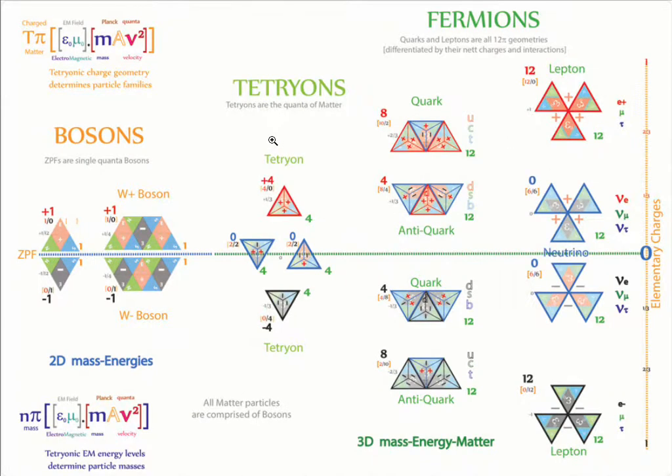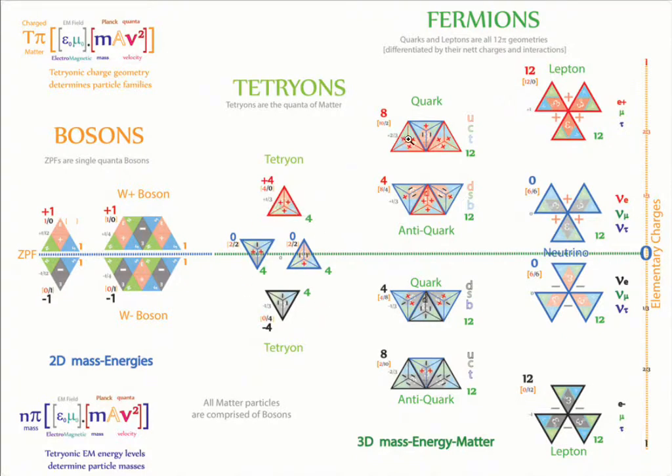Obviously, in terms of mass energy matter, we have energy or mass energy fields, two-dimensional planar Euclidean energy geometries. Again, n pi, any number of energy momenta fields can come together to form different charged geometries. These ones illustrated here are the bosons, or 0-point field specifically, and the bosons, W plus and W minus bosons. These, of course, come together to form equilateral mass energy fascia in the standing wave geometries of tetrions.